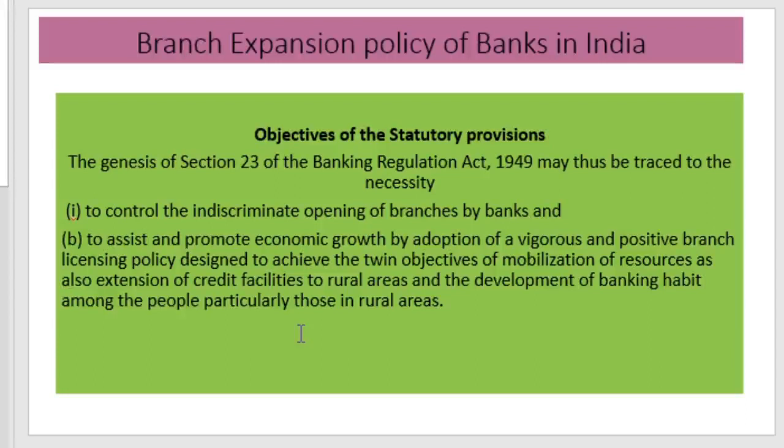The second objective is to assist and promote economic growth by expansion of bank branches in rural areas, by giving an incentive to improve the banking habits of the people in the rural area.